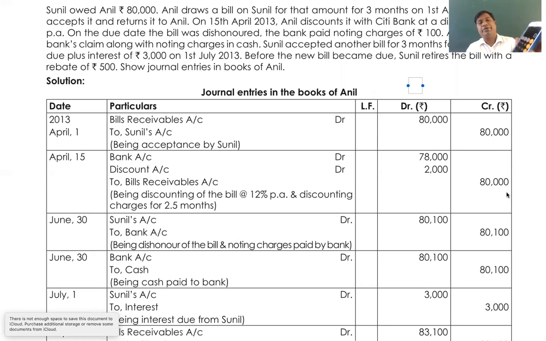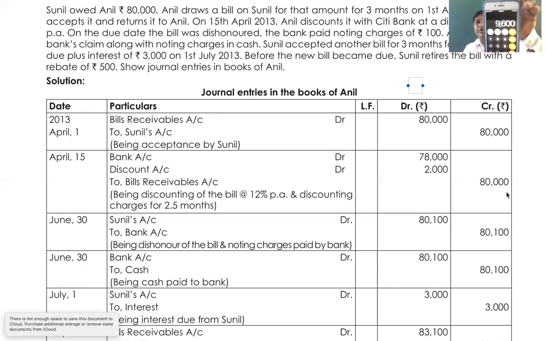Look at this. 12% of 80,000. How much? 9,600.